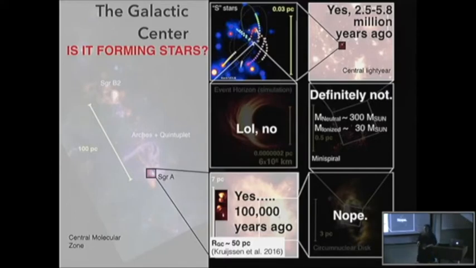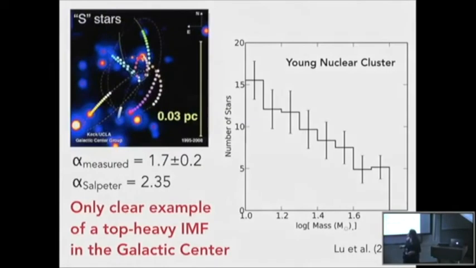Focusing on those S stars, because they are really interesting, the central nuclear young cluster here. This is the only clear evidence that we have in the galactic center of star formation actually being weird, because maybe the conditions themselves are, in fact, as we know, quite weird. So here, again, the stars that formed 0.03 parsecs away from the black hole, you actually see evidence for a top-heavy IMF.